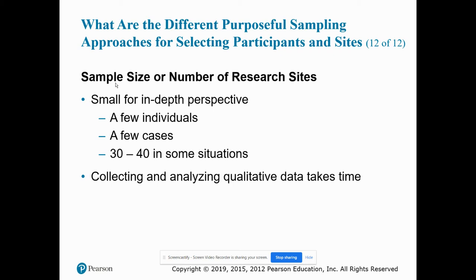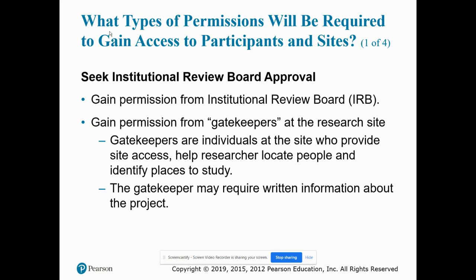So collecting and analyzing qualitative data takes time. So also know that with the addition of each individual or site to your study, it's going to lengthen the amount of time that it takes to conduct your study. So it is a lengthy process. So you have to keep that in mind, but sometimes it's necessary to be able to get better data.